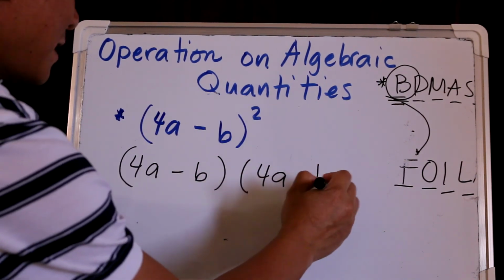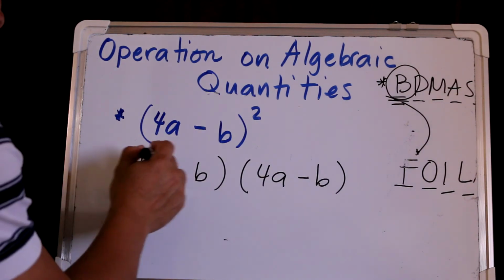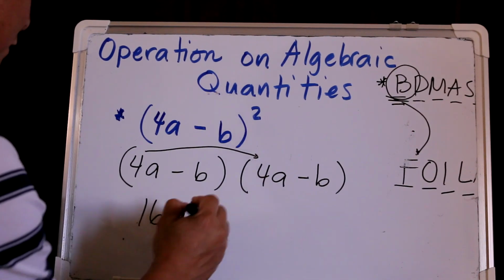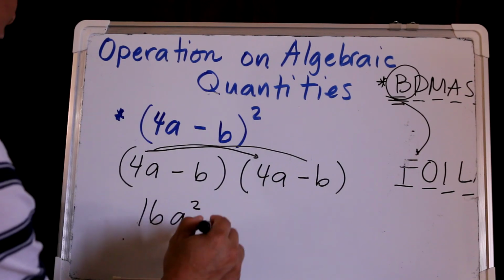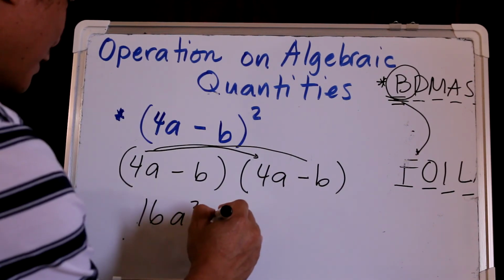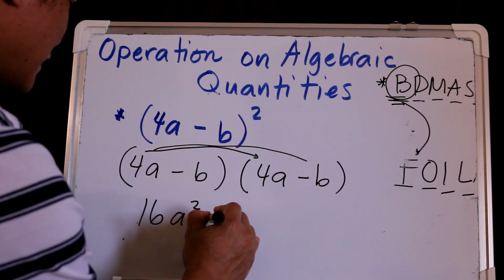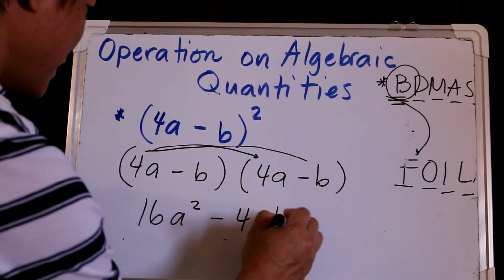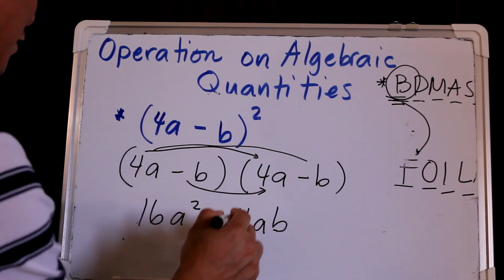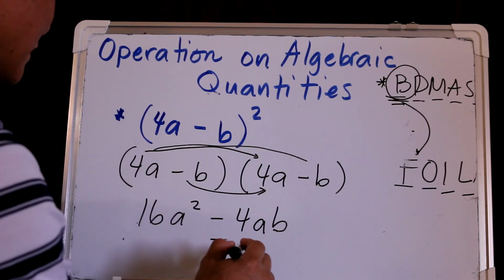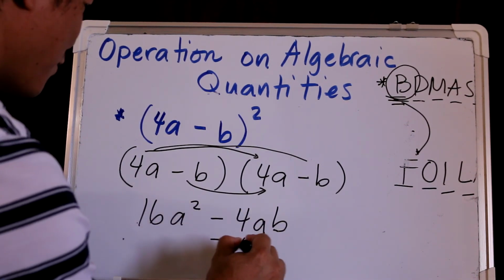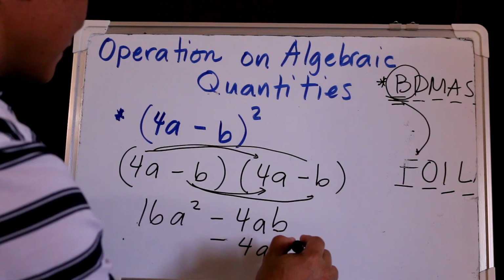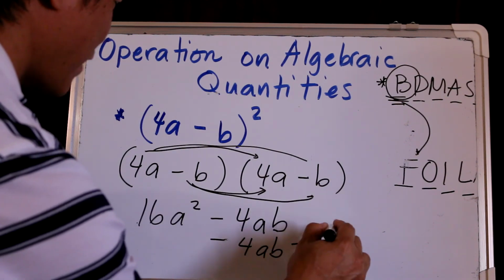Okay, so 4a goes with that, so you will have 16a squared, then 4a goes with that, so that would be minus 4ab, then this one goes with that, so minus 4ab again, and then that becomes plus b squared.